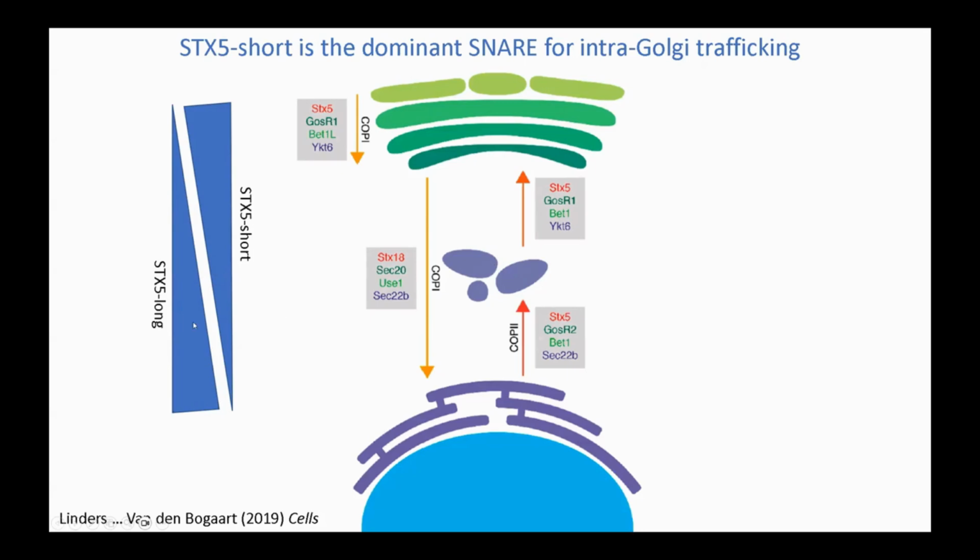Because the patients only have the long form, you get a wrong distribution of anterograde versus retrograde trafficking. We could also show that this leads to mislocalization of glycosyltransferase enzymes that are normally restricted to certain layers of the Golgi apparatus, and therefore to the glycosylation defect that caused the symptoms of these patients.